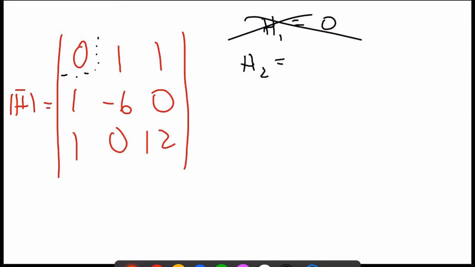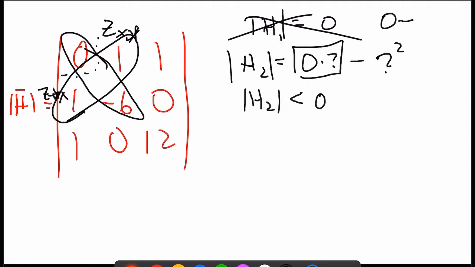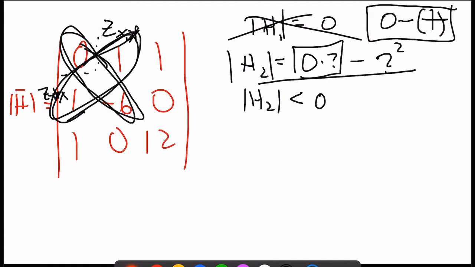H2 is going to be 0 times something minus something squared, so this is always going to be 0 minus a positive number. The two off-diagonal entries, Z_x lambda and Z_lambda x, are always the same, so it's always symmetric. So H2 is always negative. Who cares? We're not calculating that one either.